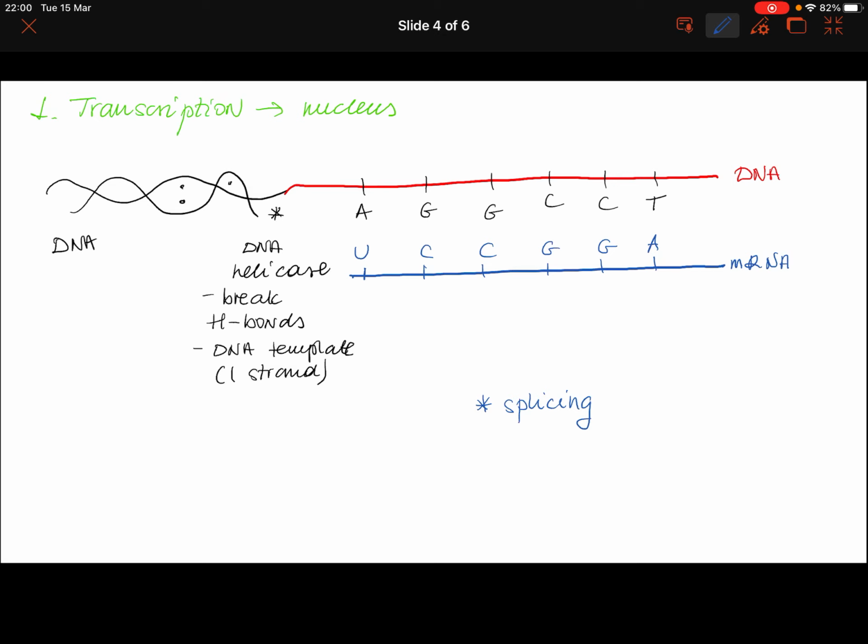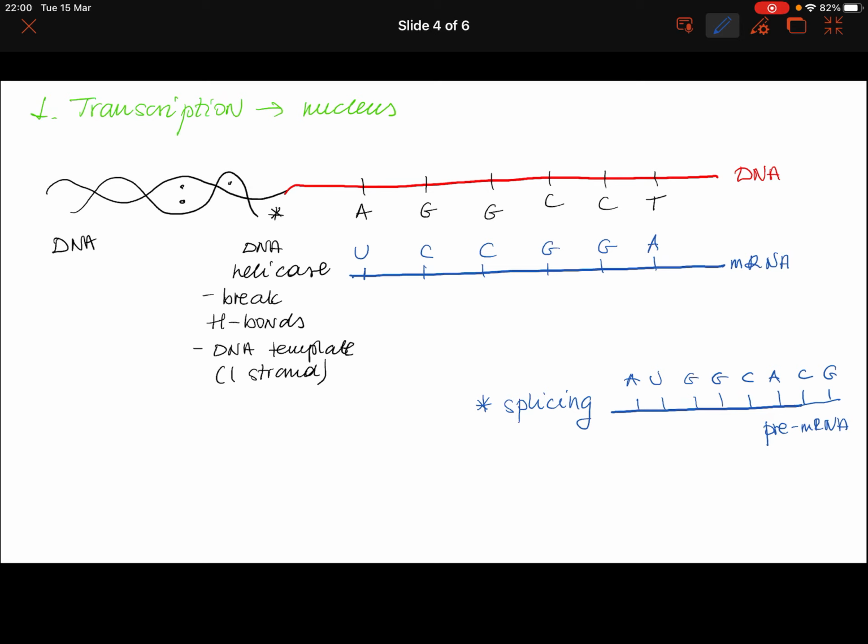So I am not achieving straight away mRNA. With those bases here, I'm achieving pre-mRNA. And remember, some of the bases, so I'm just going to come up with different bases as the example. Some of those bases are not going to be coding for the protein.